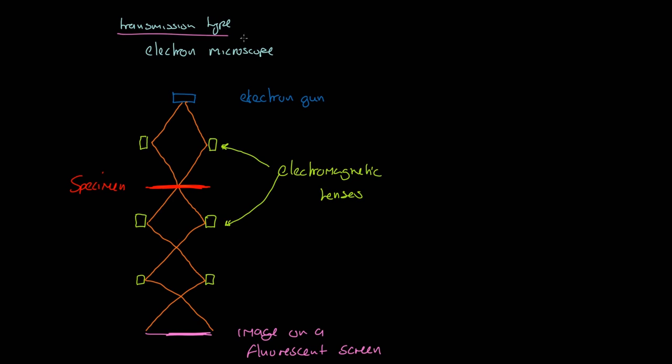I repeat again, this is what we call the transmission type. In another tutorial on another course, we'll go into the specific differences of those kinds. But this is effectively how that image is created: electrons passing through our specimen, which has been dyed and cut very, very thinly, bouncing off electromagnetic lenses until it creates an image on a fluorescent screen.